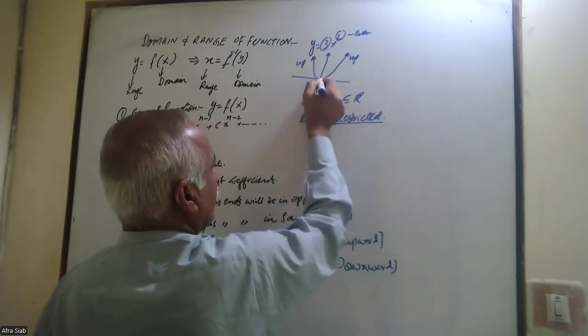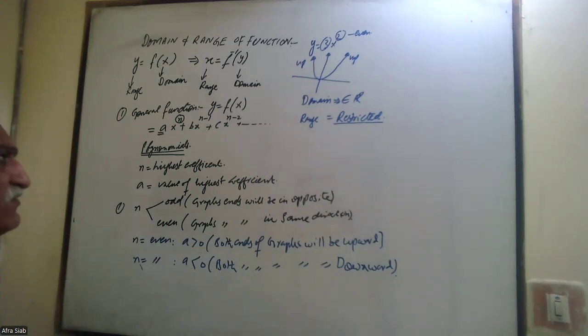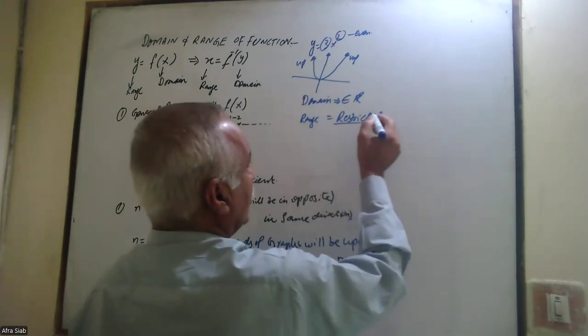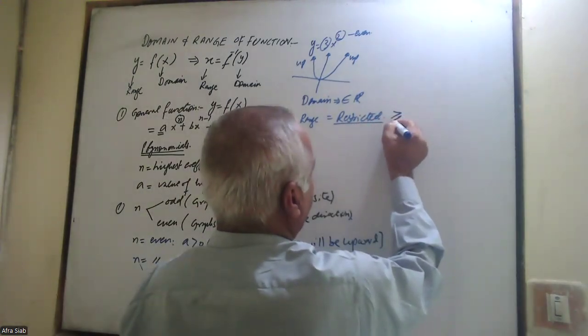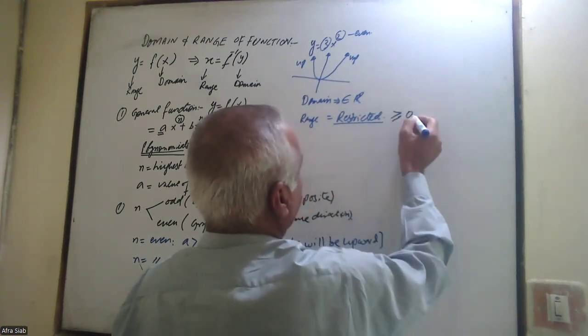Because this graph will not go below 0. So whenever the power is an even number, the domain belongs to all real numbers, but the range of the graph will always be restricted. In simple words, we can say that it is greater than or equal to 0 for this case.